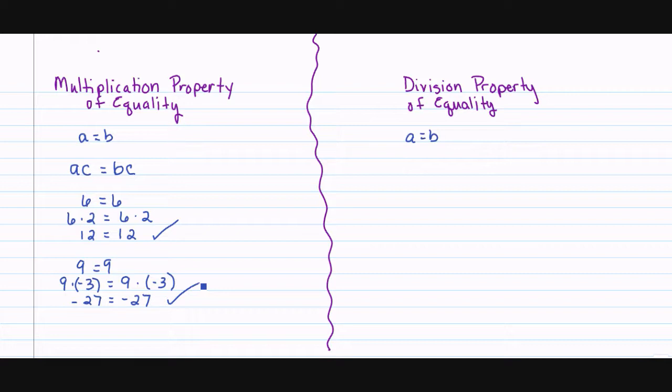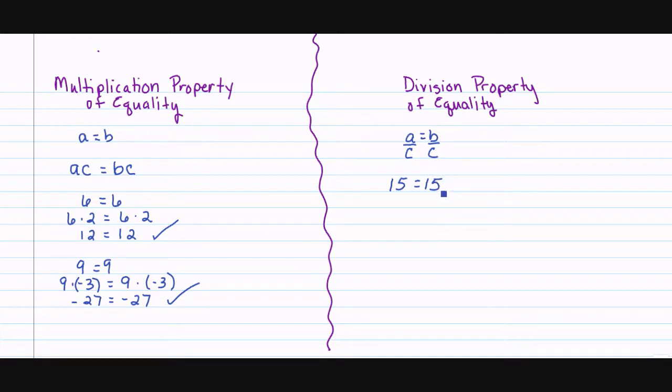And the same goes with the division property of equality. If I have A equals B, and I'm going to divide this side by a number, then I have to divide this side by a number. Let's take, for example, 15 equals 15.